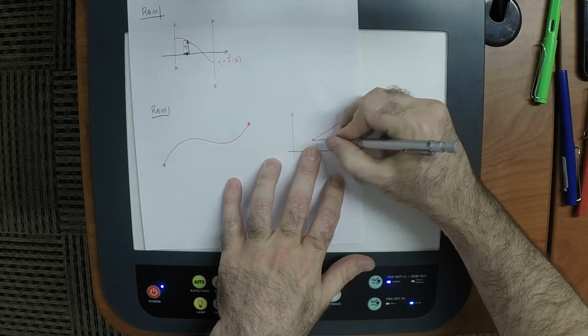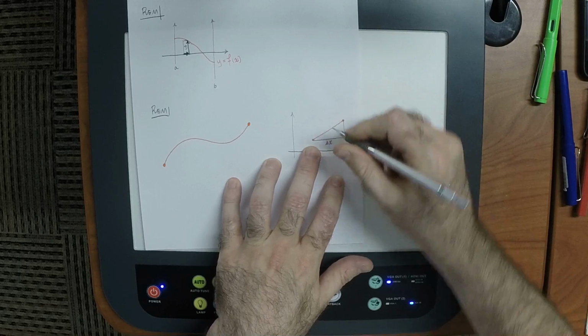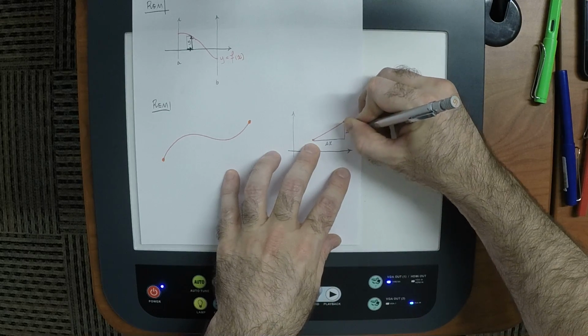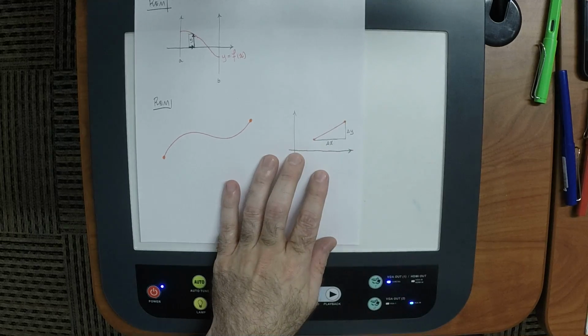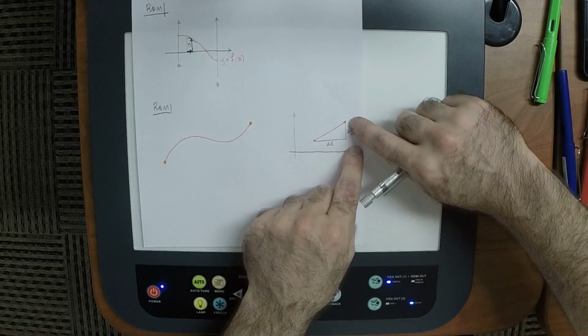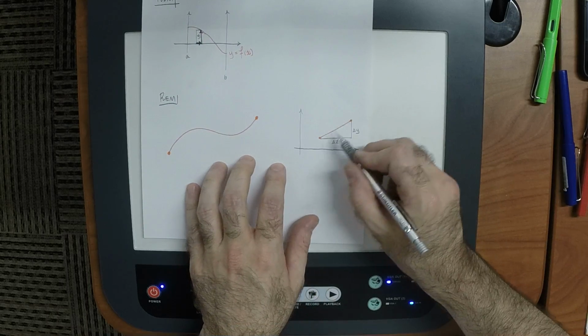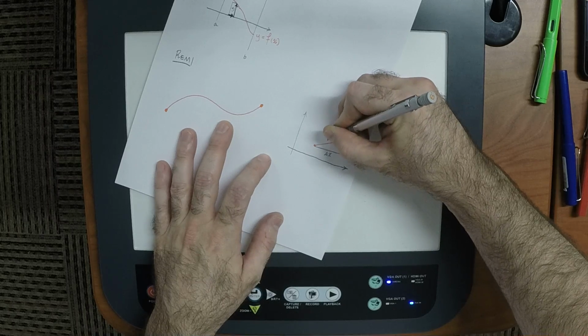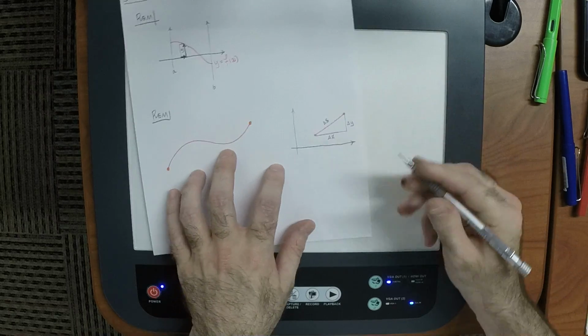So delta x like that, and then delta y like this. If we take those two measurements, delta x and delta y, the name that we're going to give to this length is delta s, for reasons that will be clear later.